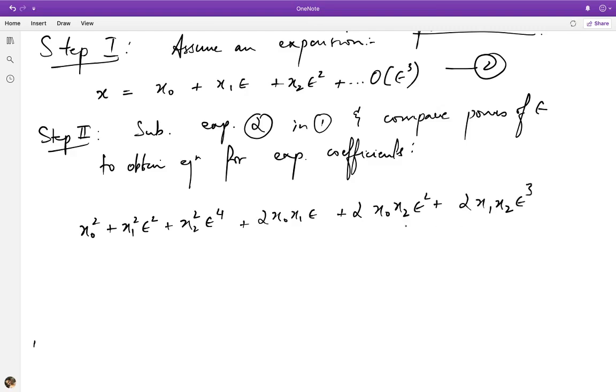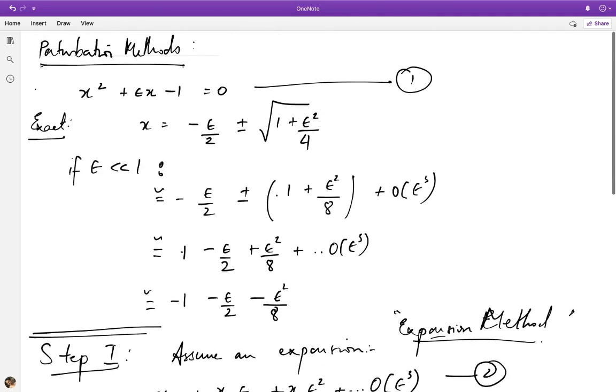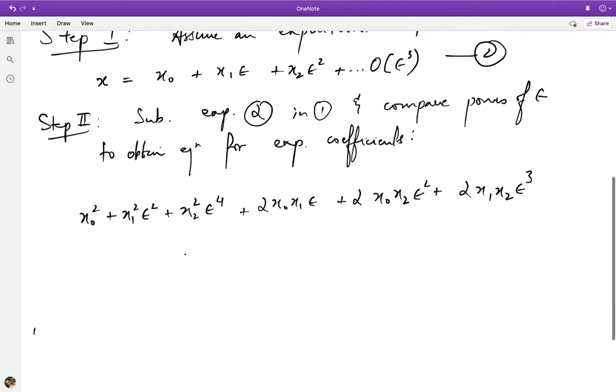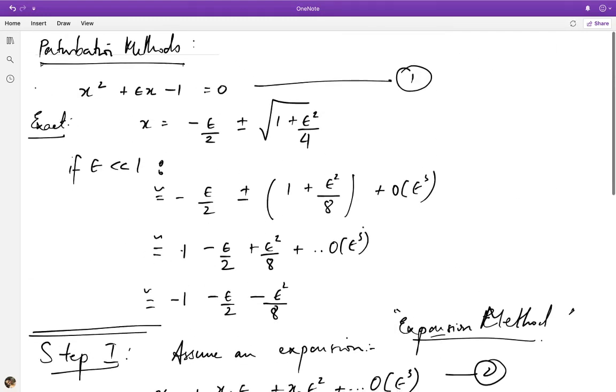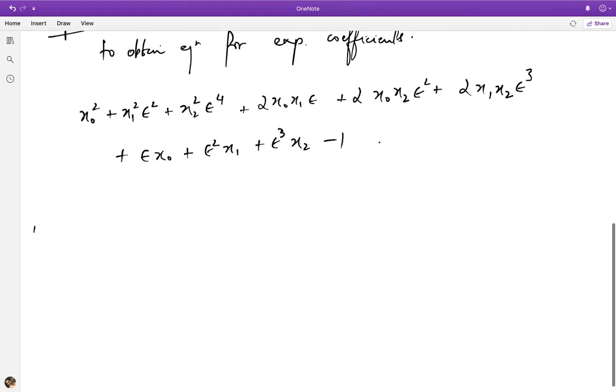All of this comes out just from the first term of the equation. Then you have plus epsilon x, which gives you the following, and the last term of the equation was minus 1.